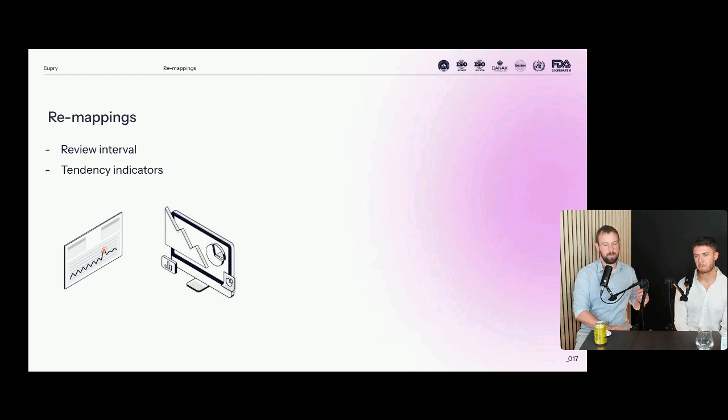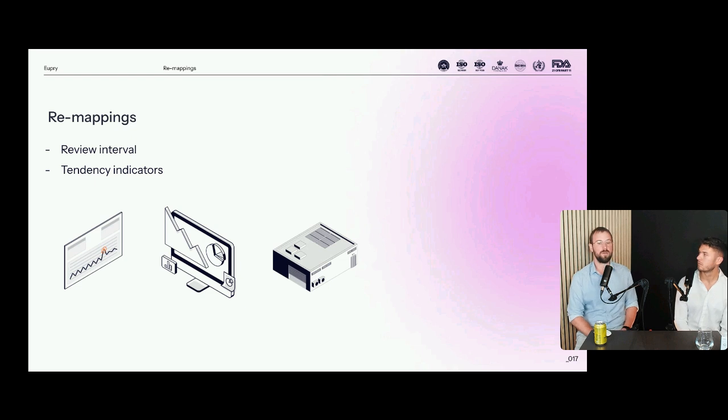And this is actually what I've tried to explain here. So looking at general tendencies of temperatures within your equipment, and that can be anything from a freezer to a warehouse. Having a large view and review of this data. And then lastly, looking at whether there are any major material changes to your equipment.